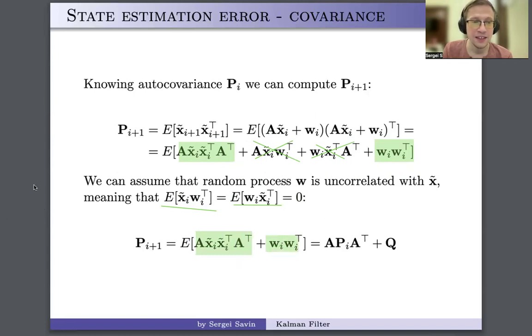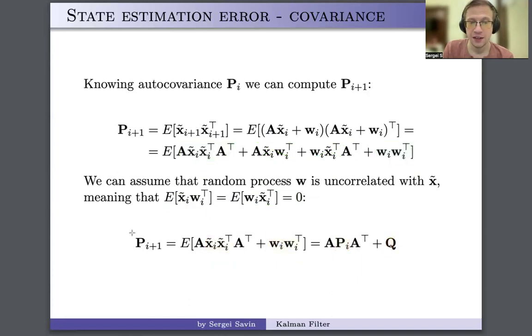But we can easily deal with those, because let us remember, one second. This is just P sub i, right? Covariance on the previous step. And this is just Q, right? It is a covariance of the distribution from which it is sampled.